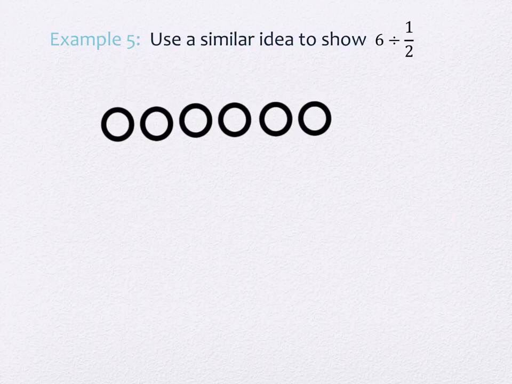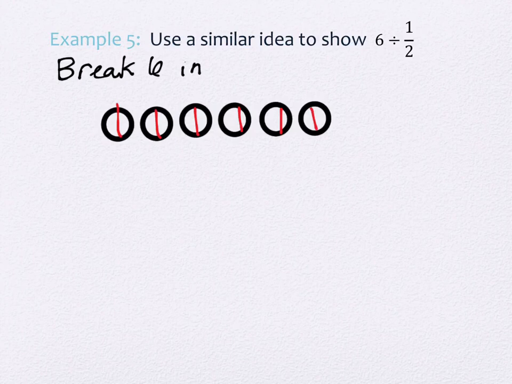So if I split each of my cookies into a half, the language is again that I'm going to break 6 into groups of 1/2. How many halves do you end up having? There's 12 now, right?